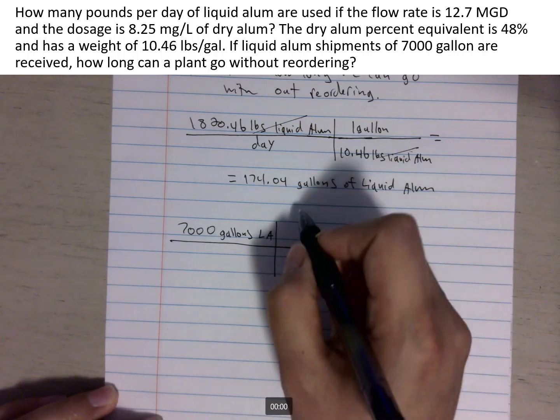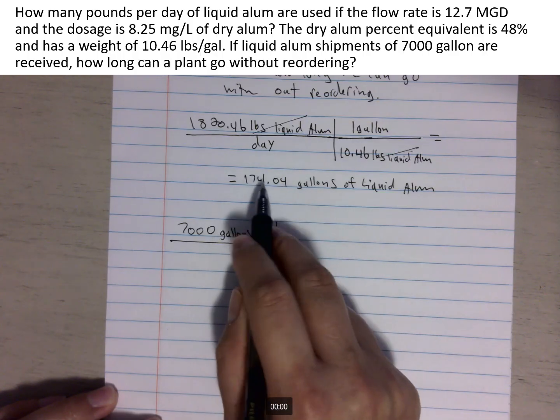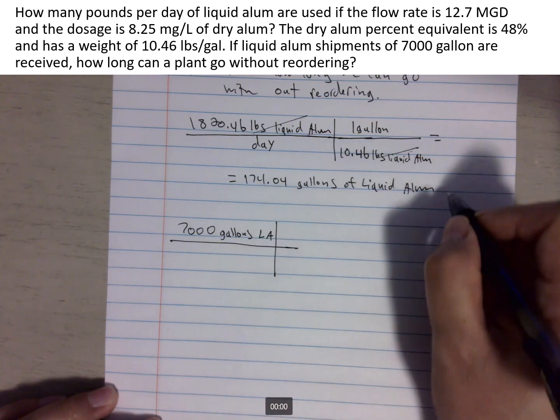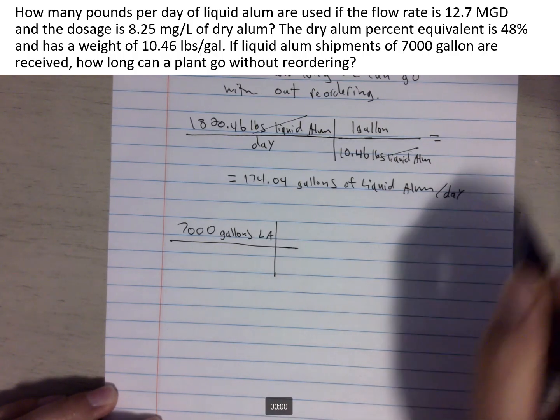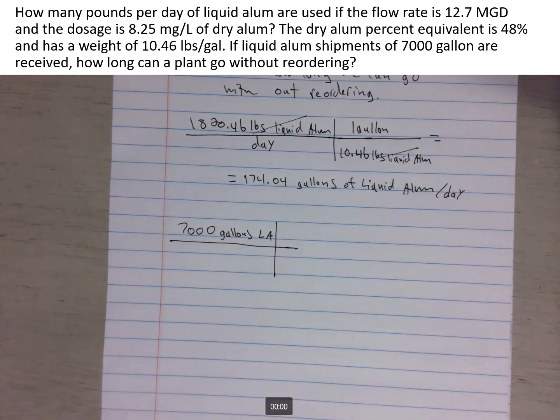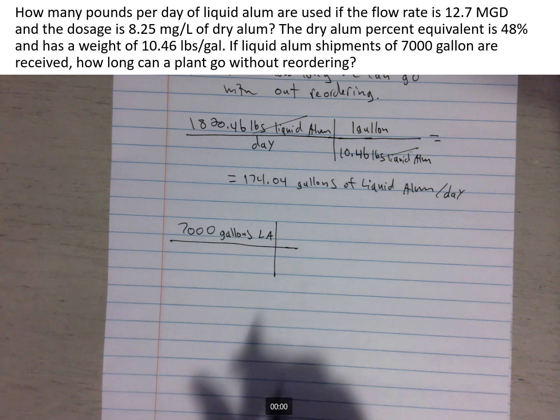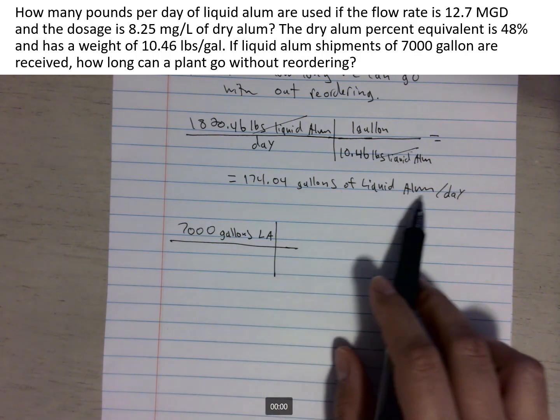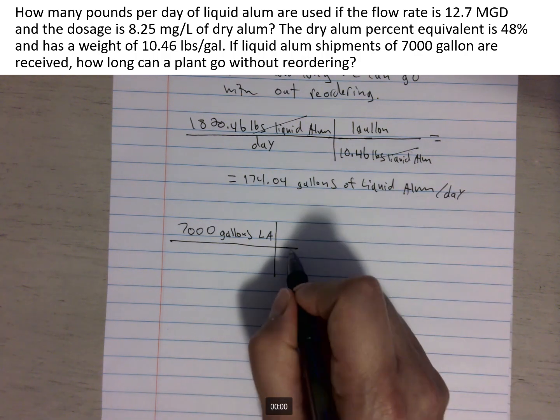We know from our previous calculation that we are using 174.04 gallons of liquid alum every day, right?